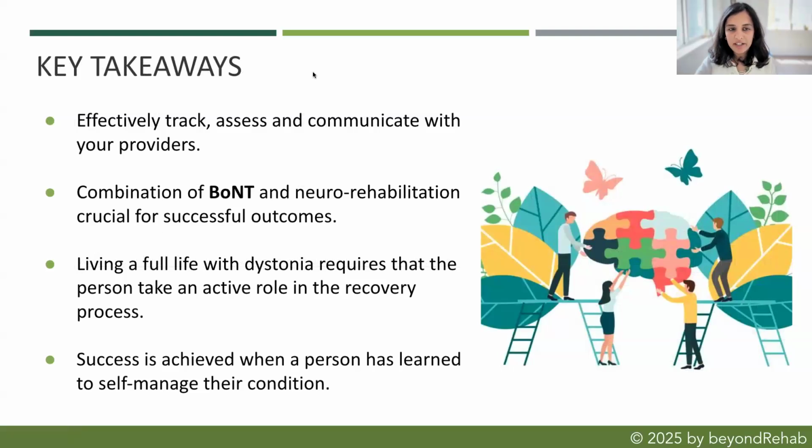I would like you to look at dystonia differently, as you approach and connect with different therapists, understanding what the treatment looks like, what their background is, and whether they are the right match for you. Also make sure you have an opportunity to create a tracking plan with your therapist, where you assess your goals, track them, and communicate them with other team members.